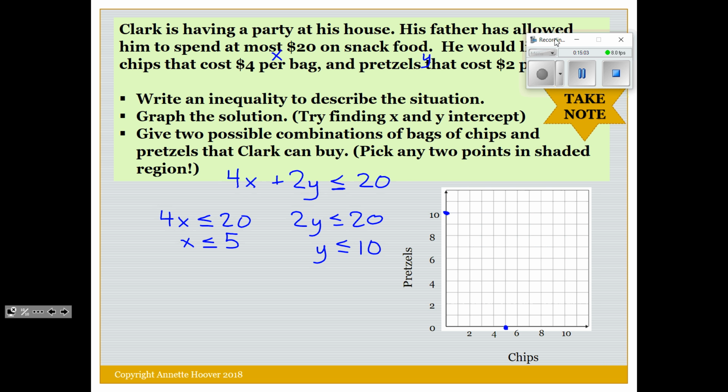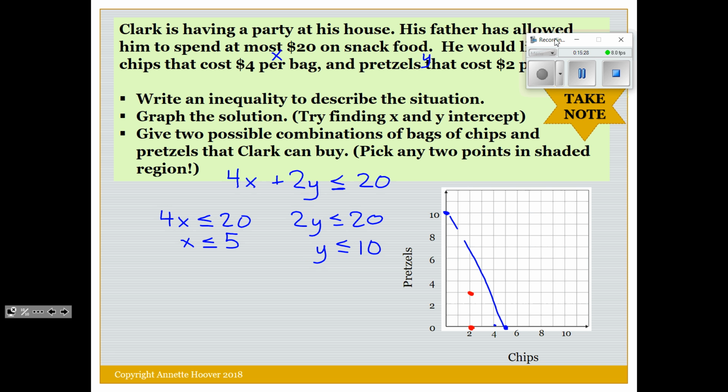Now we can graph that. We notice that it's equal to, so that would be a solid line. Now everything, since it's less than, is below the line. That means any ordered pair in this shaded area are combinations of chips and pretzels that he could buy. He could buy 2 chips and 0 pretzels. He could buy 2 chips and 4 bags of pretzels.